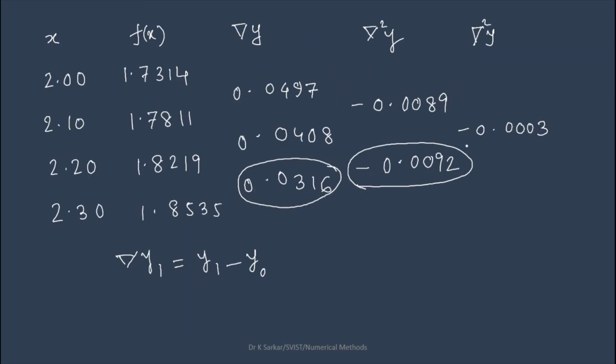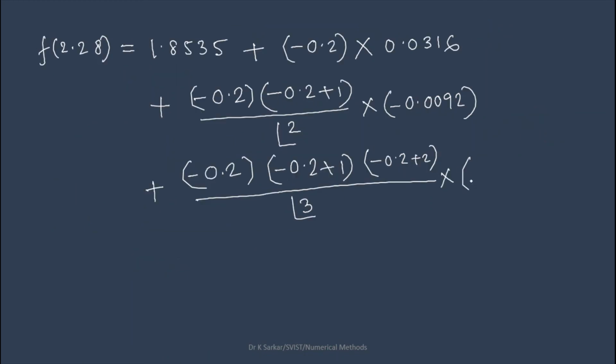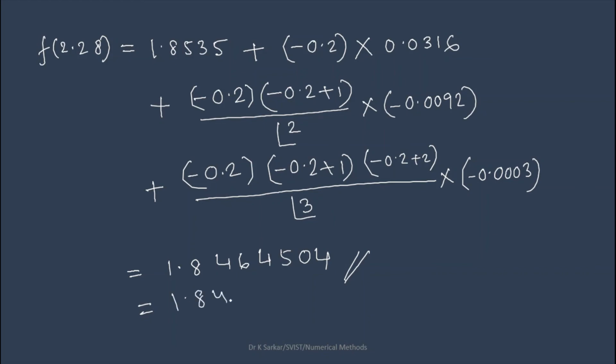Here we see del 3 yn is minus 0.0003. Now if we calculate, we will get the result as 1.846504. So this is the answer, and if we take up to 4 decimal places, then 1.8464.